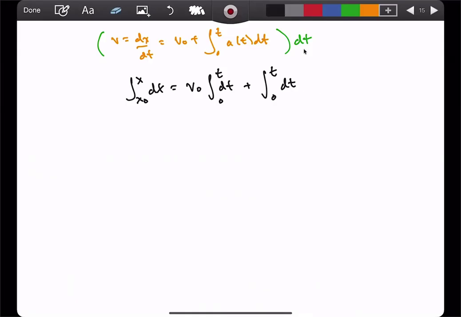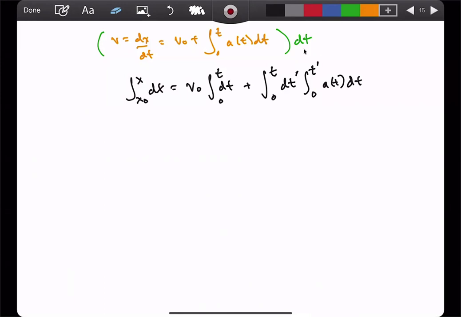How do I want to do this? I'm going to do an integral from 0 to t of a of t dt, and I'm going to put a prime on the inner variable. Initially, I integrate the acceleration to some time t prime, and then I integrate that, which now depends on t prime, to the final time of t.